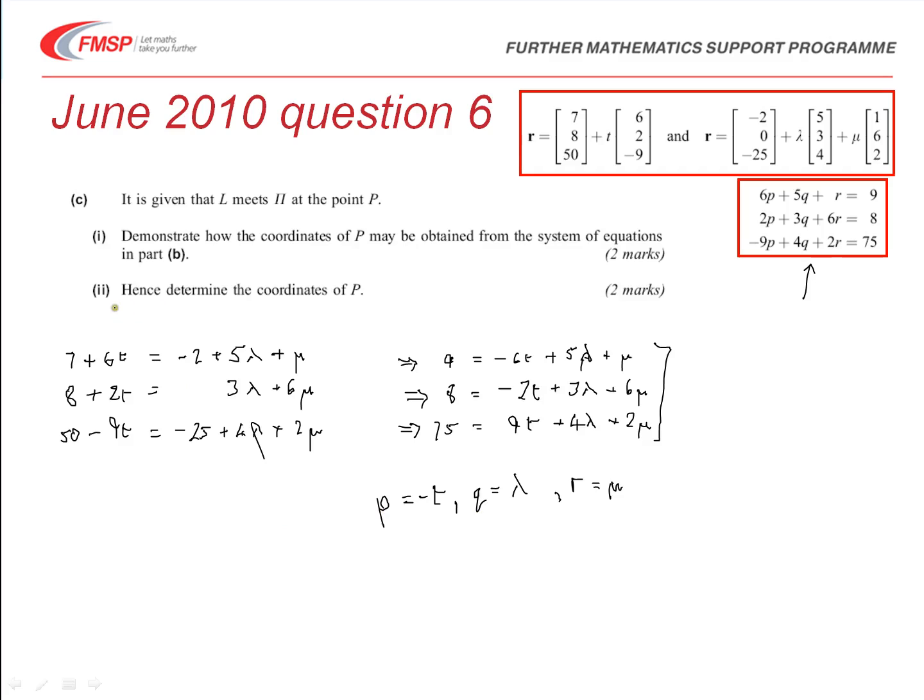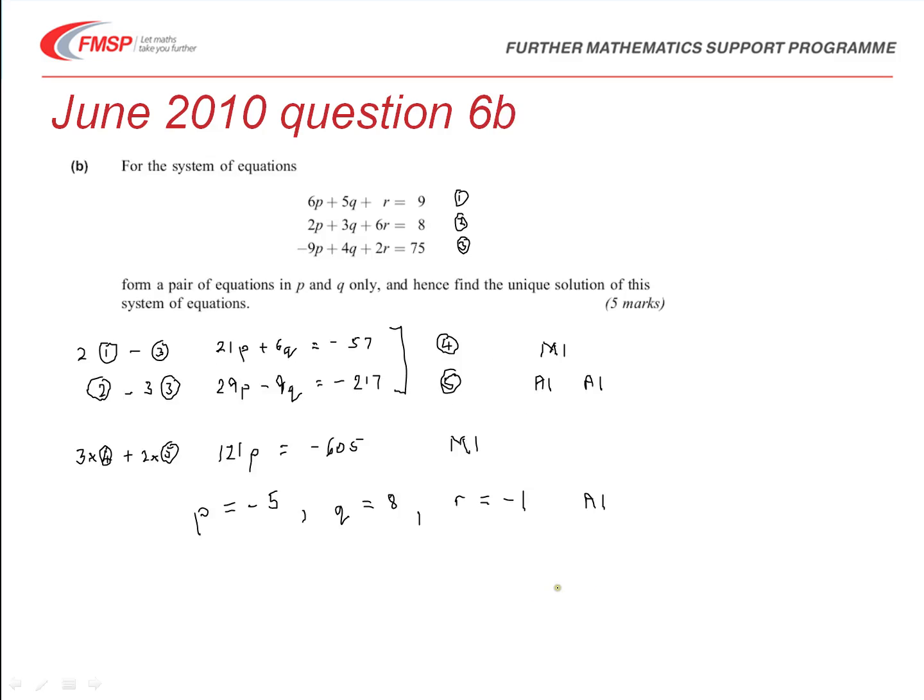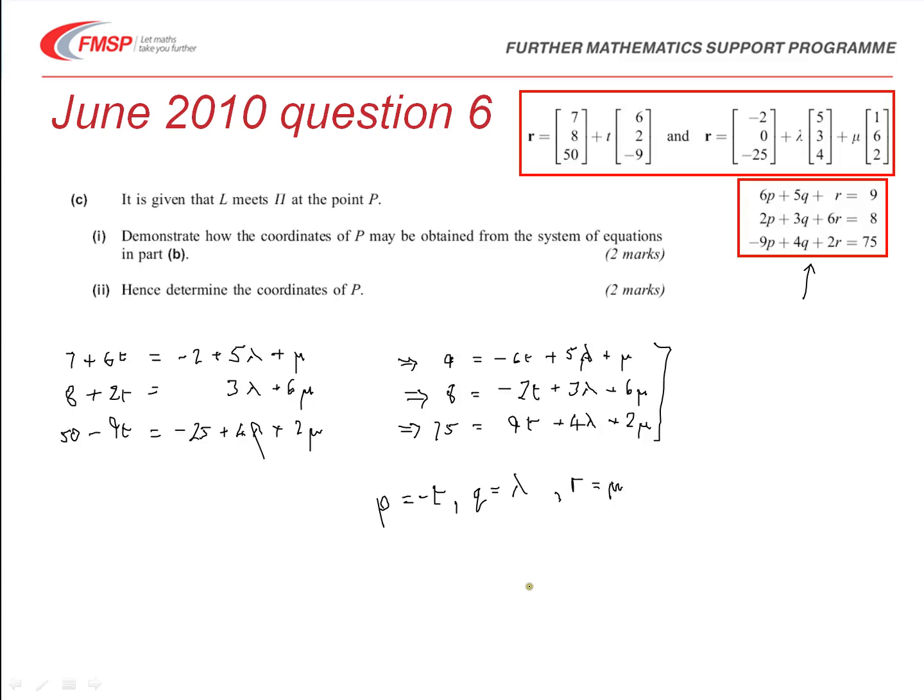And then it says in part 2, hence determine the coordinate of P. Well, what did we do in part B? Well, if we look back, we solved the equations. We found that P was negative 5, Q was 8, and R was negative 1.